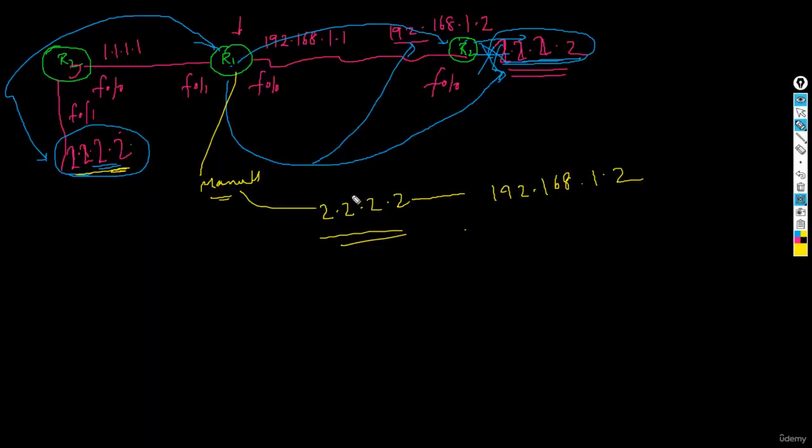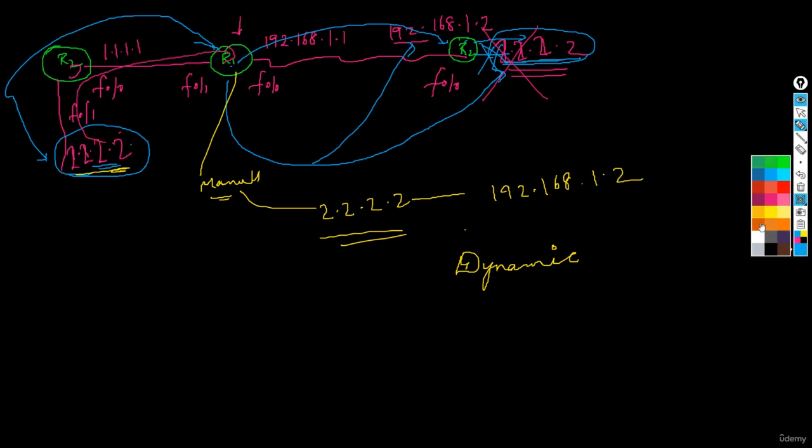To overcome these types of issues, we will use a dynamic routing protocol. So what is a dynamic routing protocol going to do? When this network goes down, automatically it will make this entry in the routing table. No one needs to do any configuration.